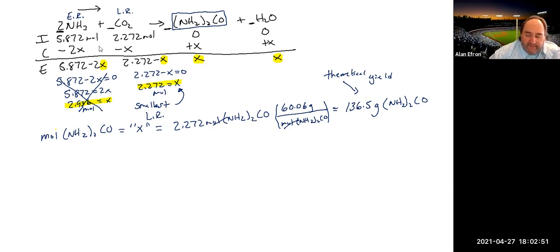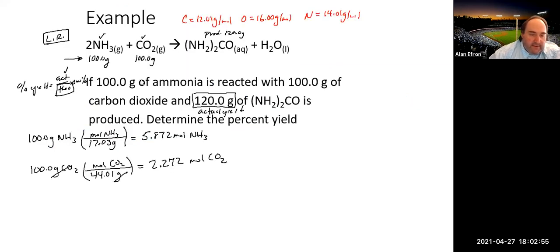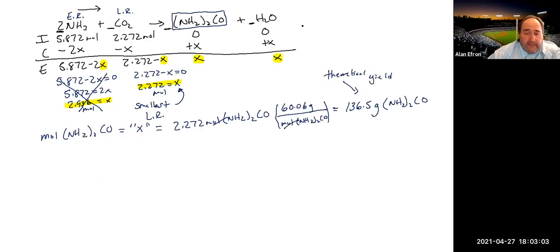So what is left to find? Well, we have now just found our theoretical yield. We had our actual yield in there. We are ready to really solve for the percent yield. So the percent yield in this case would be our actual, which was 120 grams, divided by our theoretical that we just calculated, which was 136.5 grams, times 100%.